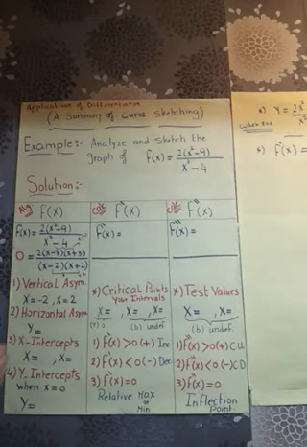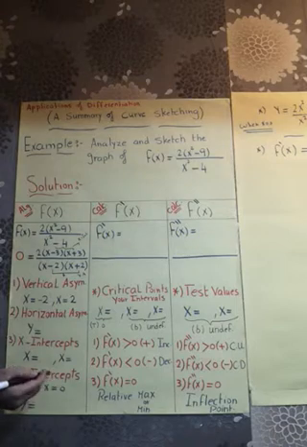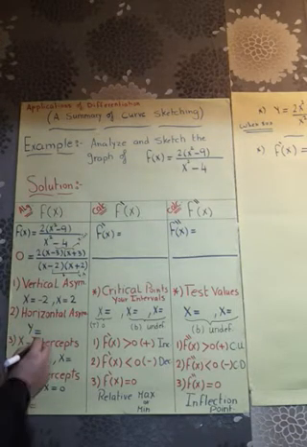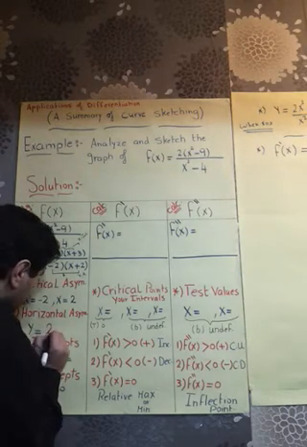We write 2 divided by 1, which equals 2. So y = 2.